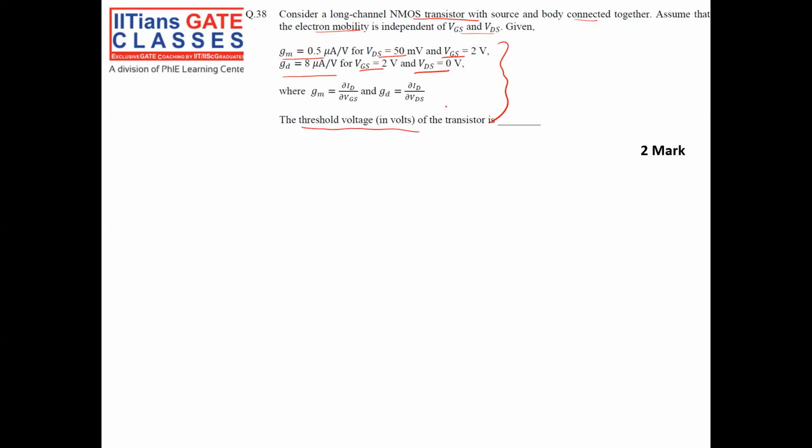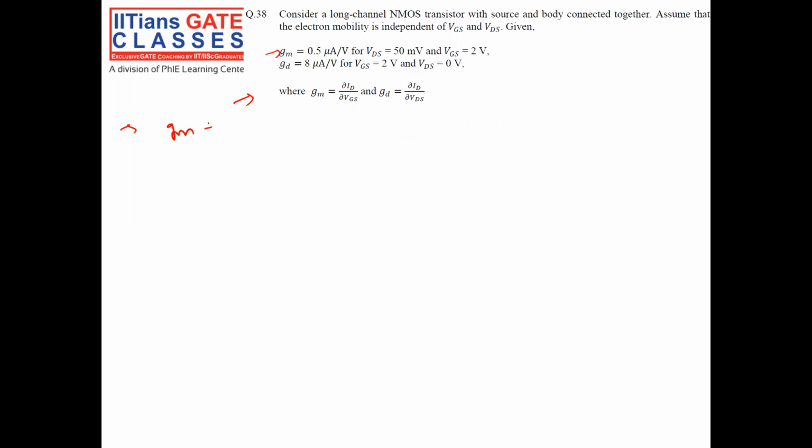Okay, so let us try to solve this. We know for this first case, GM is nothing but dID by dVGS.